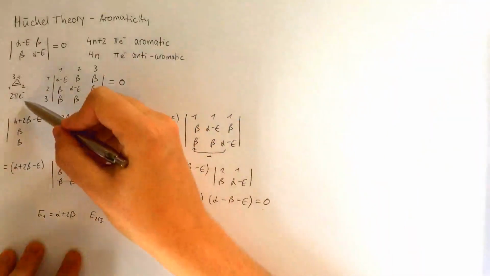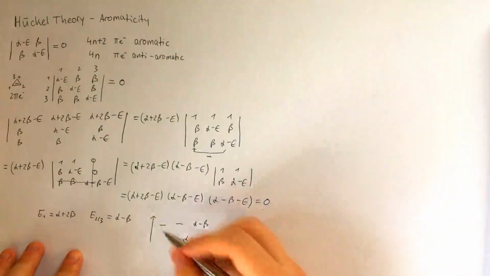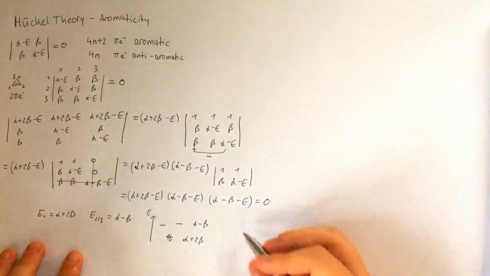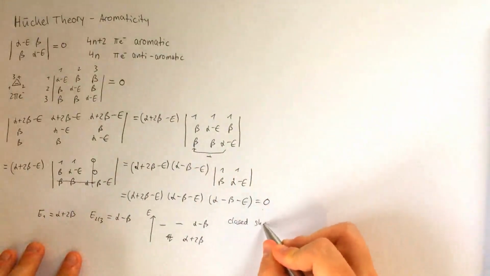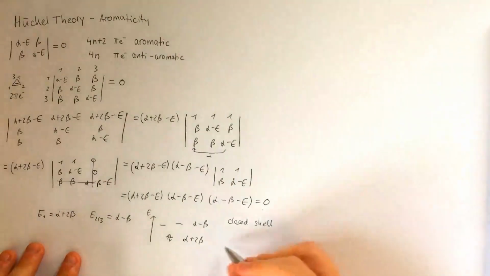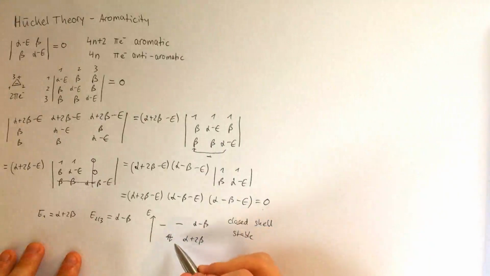And since we have 2 pi electrons, I fill the lowest level. So what can we say? We have a closed shell species. It's stable, since only a bonding orbital is filled.